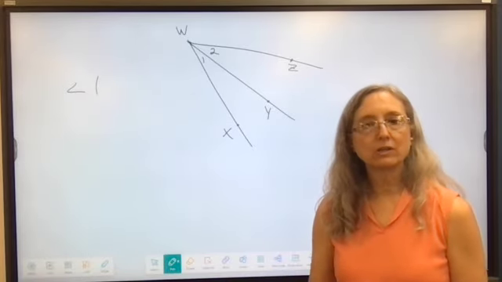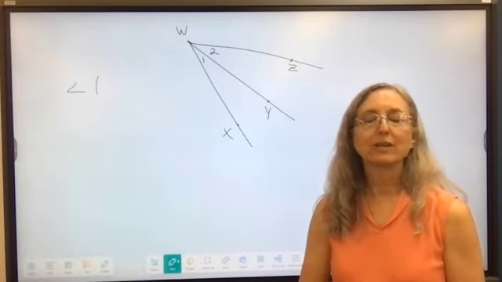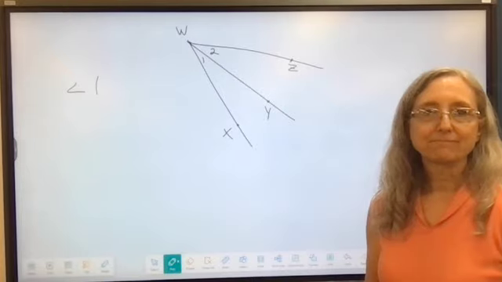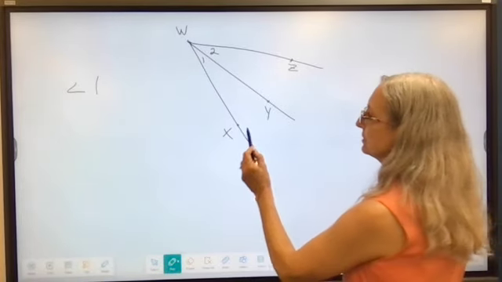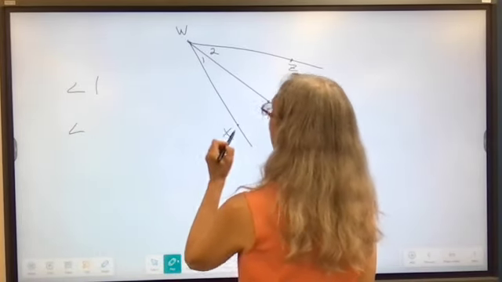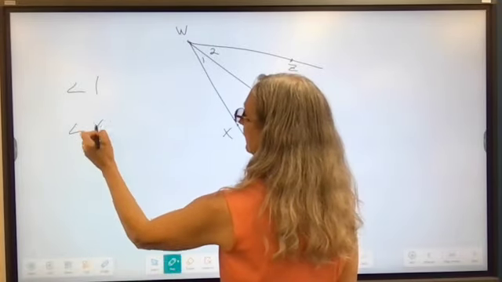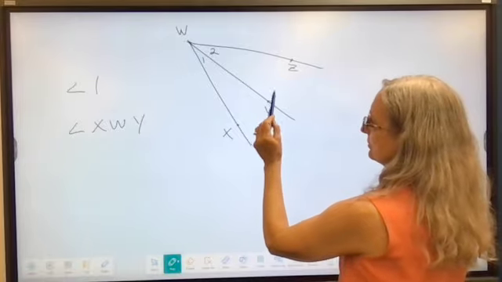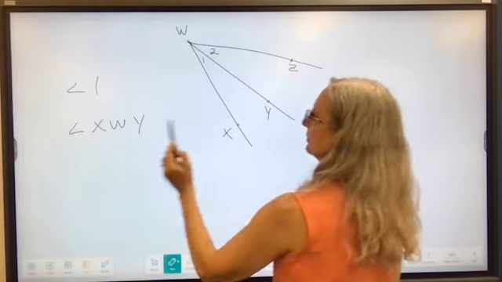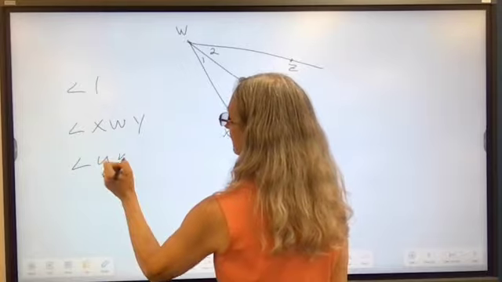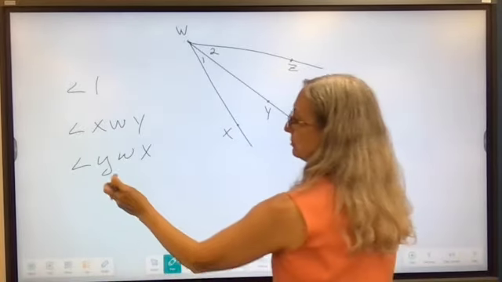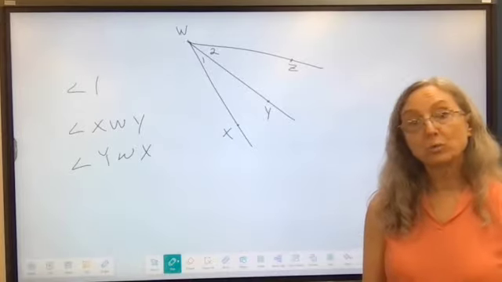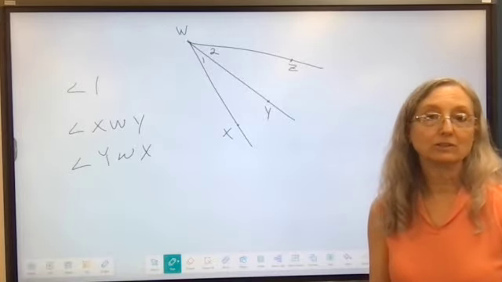If you need to pause the video and do it and then check your answer, do it just to make sure that you're really good in understanding this. Okay, hopefully you said one of them is angle XWY, and the other is to go the opposite direction, angle YWX. That should be a capital Y, sorry about that. Those are the 2 other ways to name angle 1.